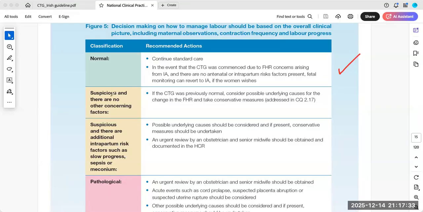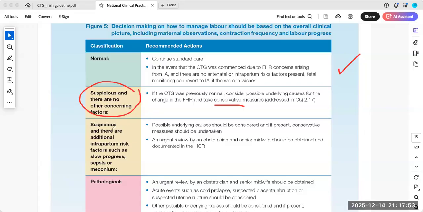How about if there is suspicious and no concerning factors? If this is suspicious and no concerning factors, then look to the whole clinical picture. If the previous CTG was normal, consider possible underlying causes and take conservative measures.